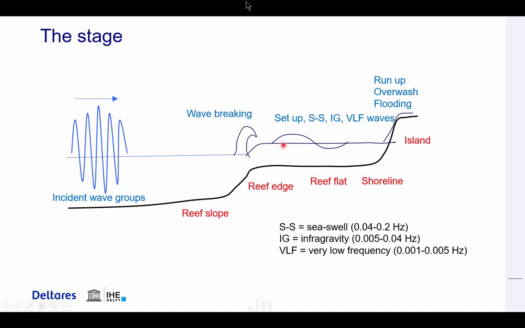And that produces setup, but also sea swell, infragravity wave, and very low frequency component waves. And they're defined in the field as such. Sea swell waves are typically between 5 and 20 seconds. Infragravity waves are between 25 and 200 seconds, and even lower or longer period waves are called very low frequency waves. Now combined, the setup and these wave components will produce run-up, overwash, and flooding onto the island.